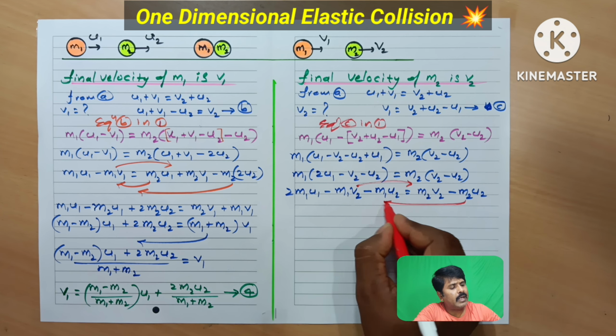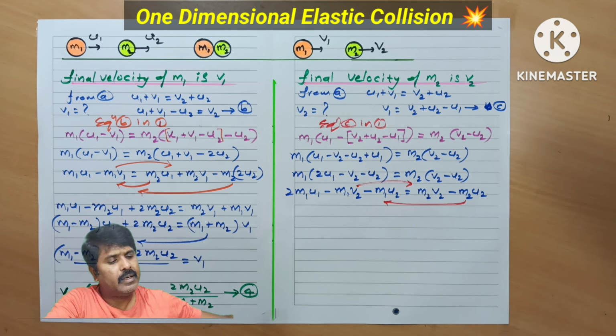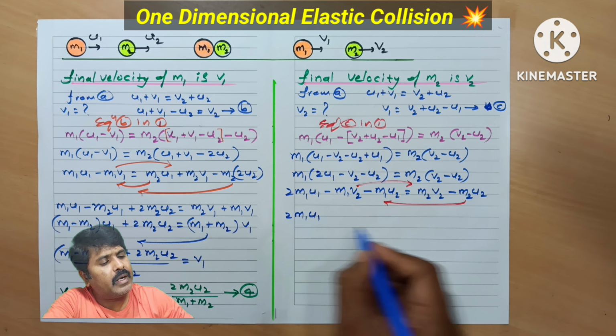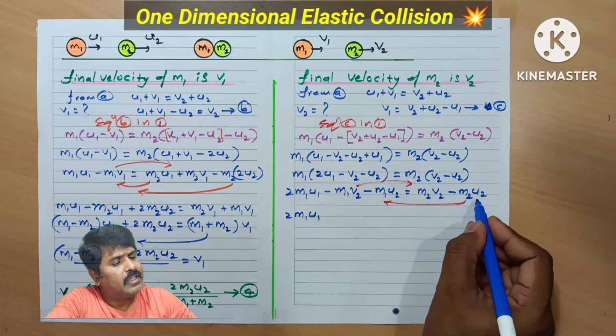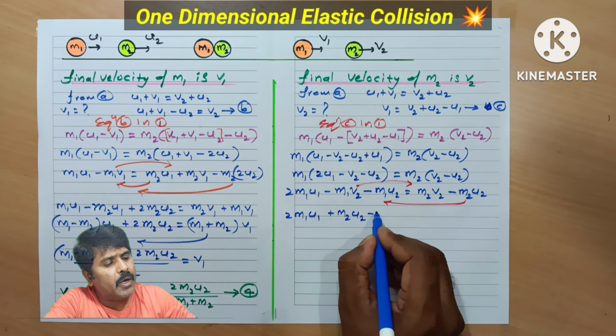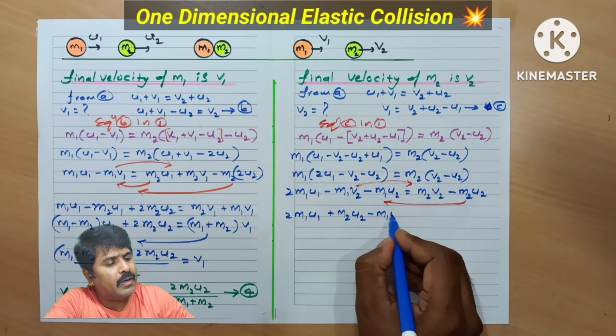Rearranging the equation like this, the continuation step is 2 m1 u1 and this becomes plus m2 u2 minus m1 u2.